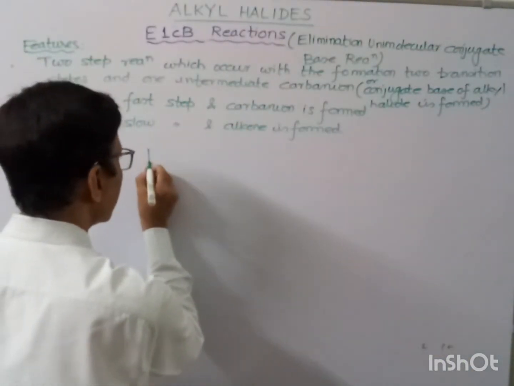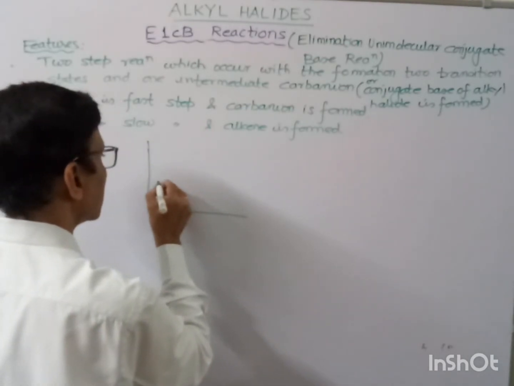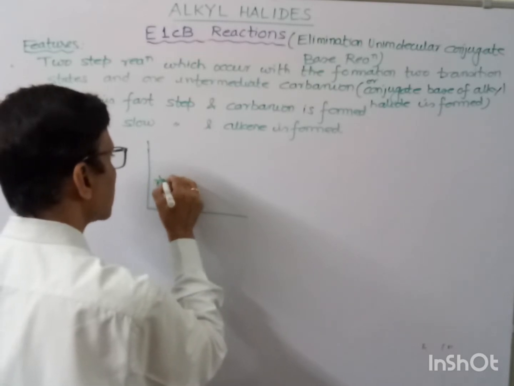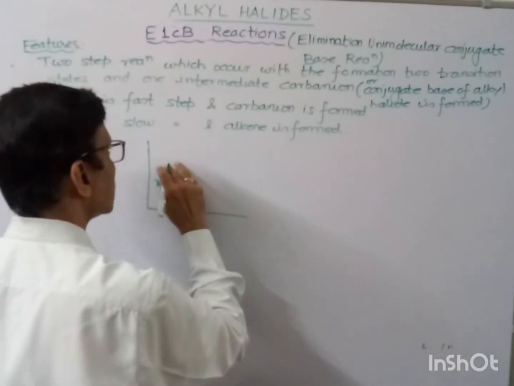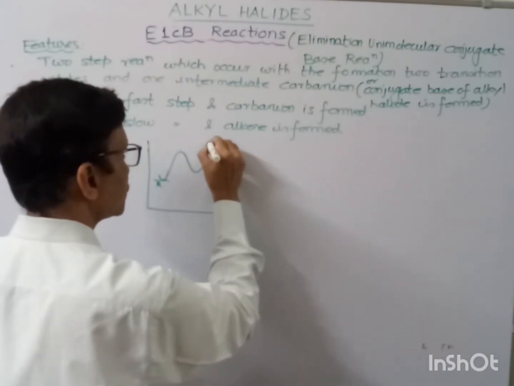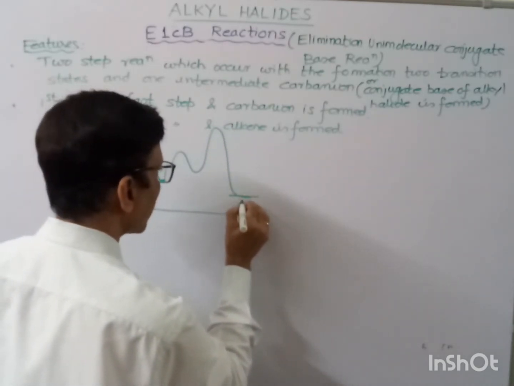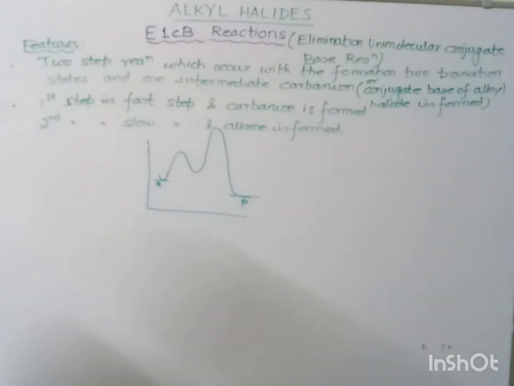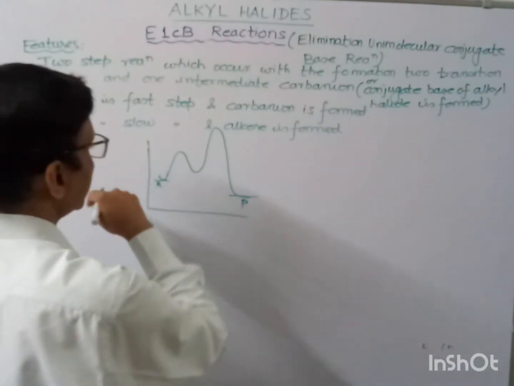If this is the reactant, the first step is the fast step and the second step is the slow step. So this would be the energy profile diagram for our E1cB reaction.